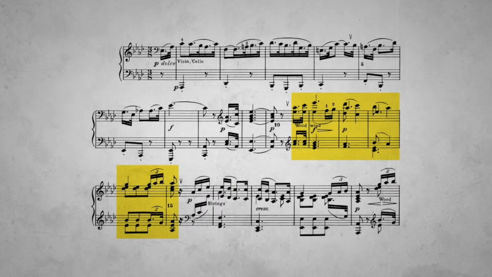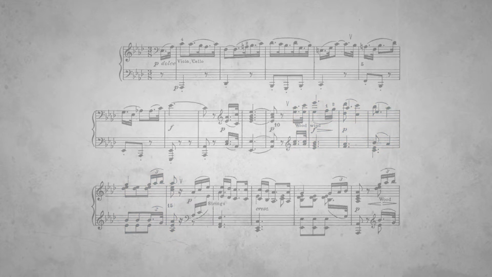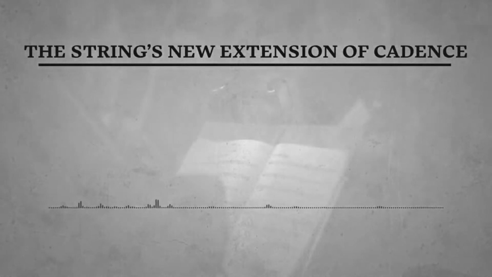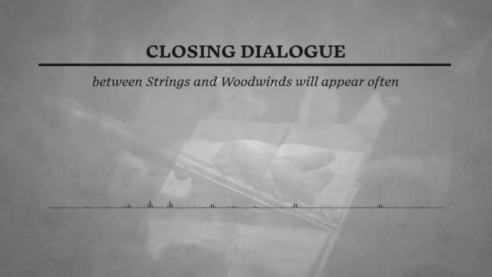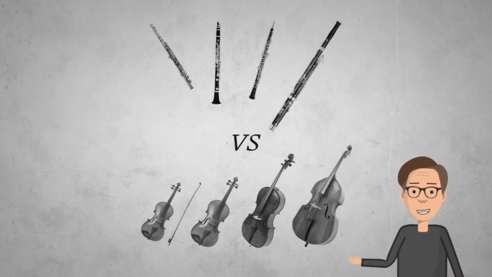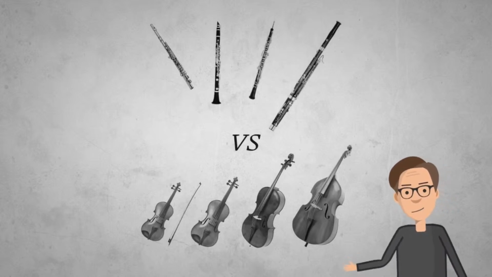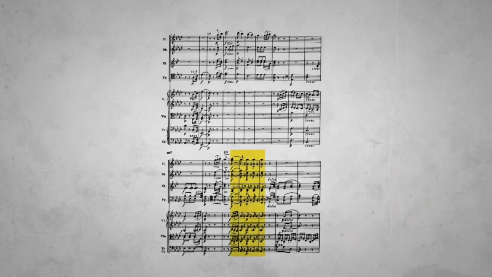And the strings respond now with a variation of this woodwind phrase, complete with the same cadence. It's like, okay, who's going to get the final word here with this cadence? Woodwinds or strings? But they end together. And thus ends the first theme.